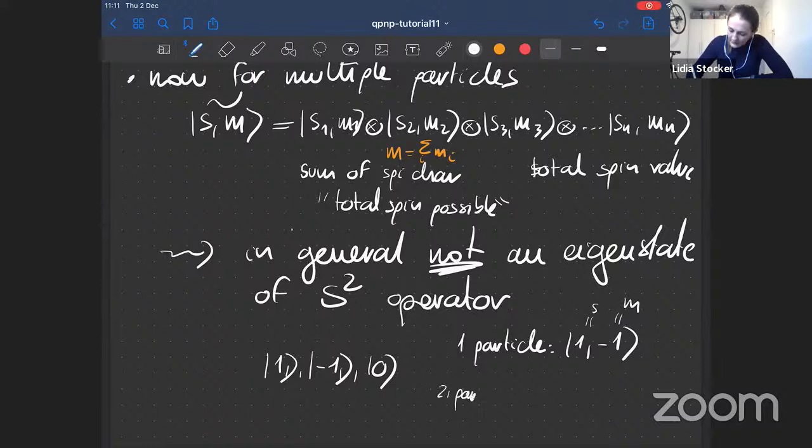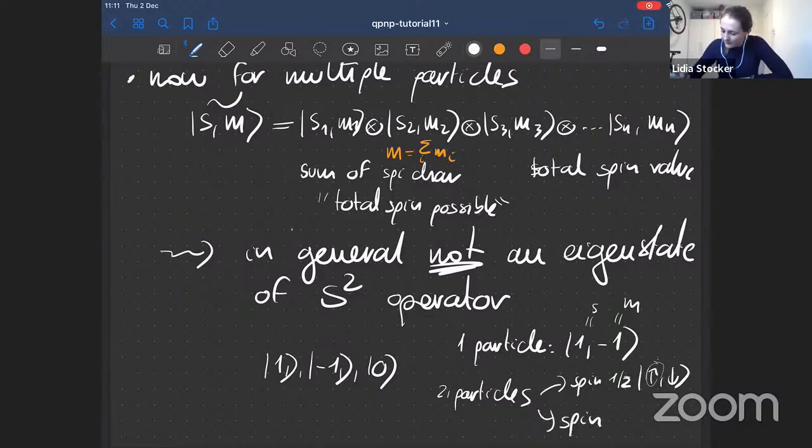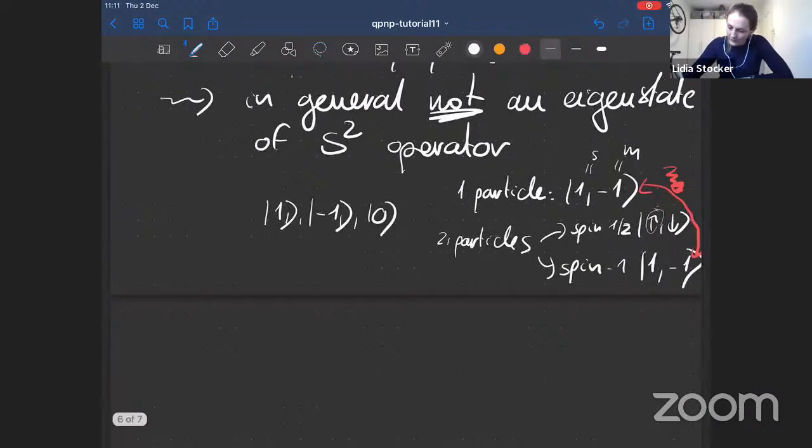For two particles in a spin 1/2 system, we would write maybe up and down. And it is clear that this is my first spin and this is my second spin. But for spin 1, we would, for example, write up and down like this, and the two here is a problem. As we don't use the arrow, please don't use this notation.